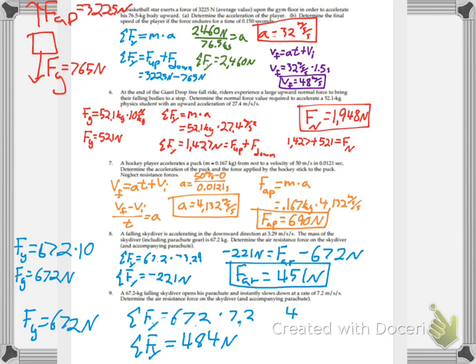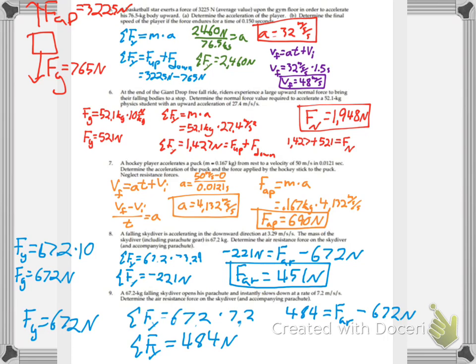So now his net force, 484, will equal the air resistance, and we still have negative 672 newtons for his force due to gravity. Our up force is the air resistance, and remember we're adding the down force, which is negative 672 newtons, because that force due to gravity is pulling down.